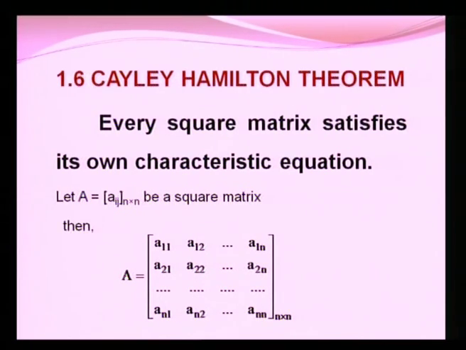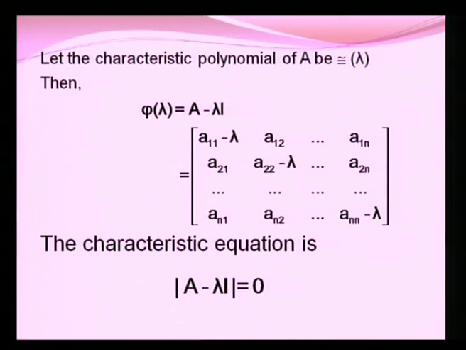Then the characteristic equation of A in the form of lambda, phi of lambda, is equal to the determinant of A minus lambda I equal to 0. That is the characteristic format: a11 minus lambda, a12 up to a1n, a21, then a22 minus lambda up to a2n, likewise. And the characteristic equation is the determinant of A minus lambda I equal to 0.